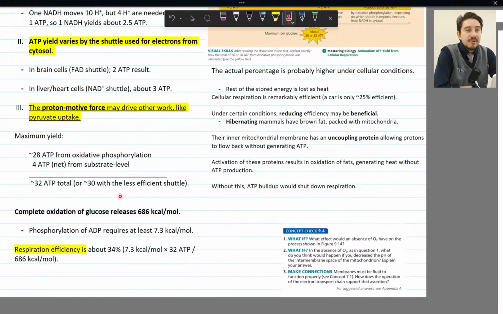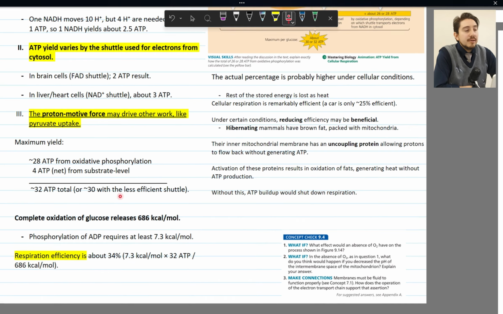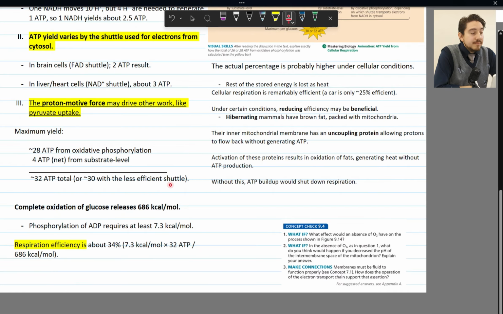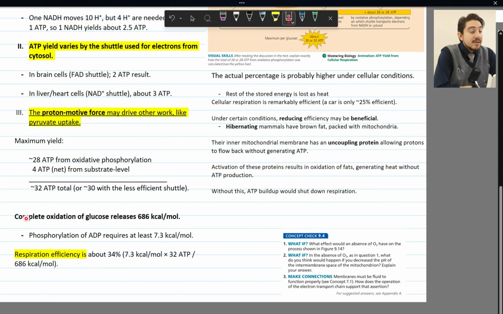Depending on what you're using, you can get 30. So in your textbook and in different books, you might see a range between 30 or 32 ATP per glucose molecule. A complete oxidation of glucose would release 686 kilocalories per mole.